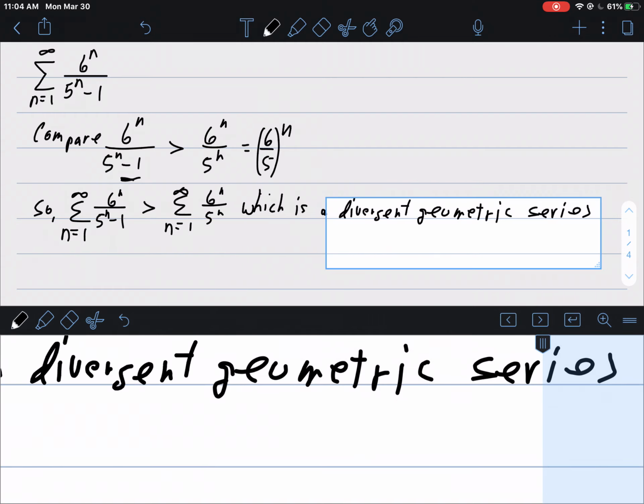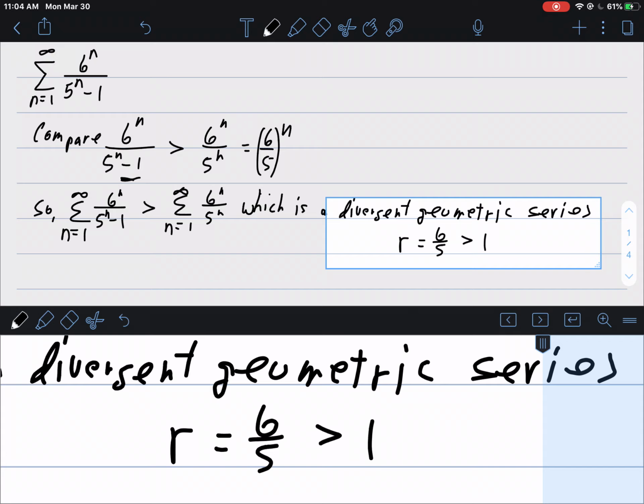It's divergent in this case because r is 6/5, which is greater than 1. Remember, r greater than or equal to 1 is divergent. R between -1 and 1, or the absolute value of r less than 1, is convergent for those geometric series.